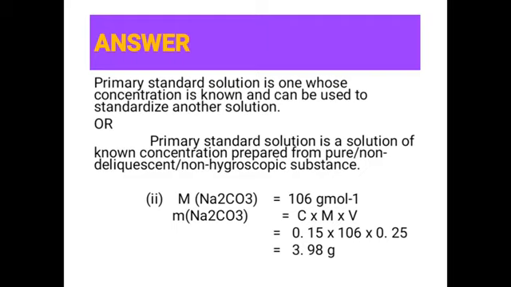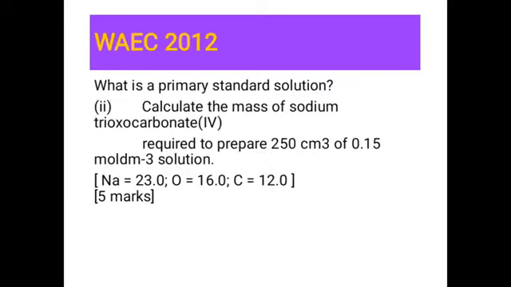You can first find the mole, because n is equal to C times V. You convert the volume to dm³: 250 over 1000, so that's 0.25 dm³. So n is equal to 0.15 times 0.25. Then you get your n.